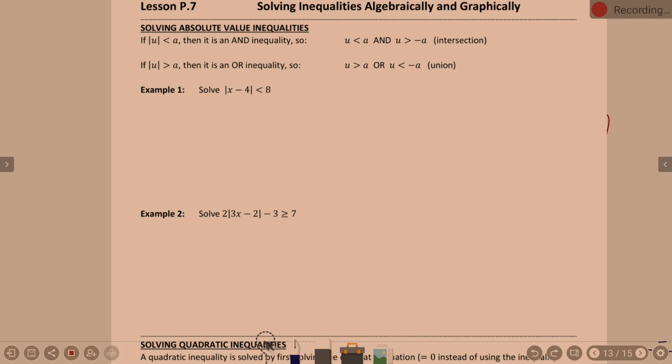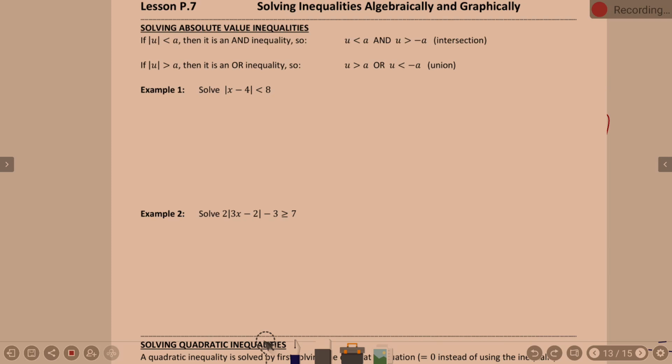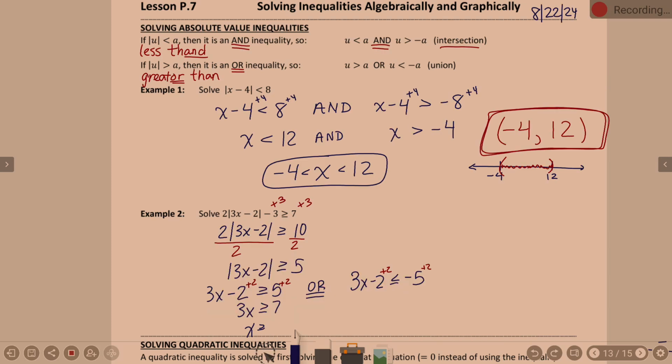X greater than or equal to 7/3, there we go. So x greater than or equal to 7/3, or what? 3x less than or equal to negative 3. So x less than or equal to negative 1.